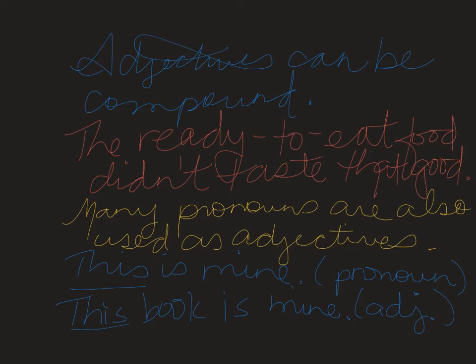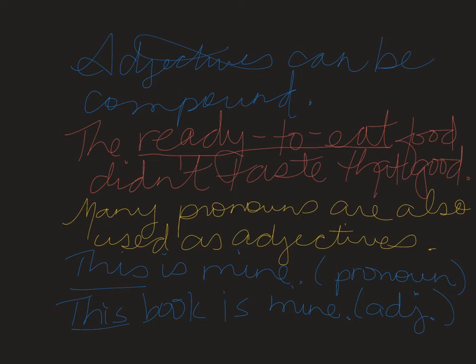But just like nouns that are compound, a compound adjective could be written as two separate words, or it could be two words smushed together looking like one word. Here's an example of one that is hyphenated. Ready-to-eat food didn't taste that good. Okay, so ready-to-eat is your compound adjective describing food.